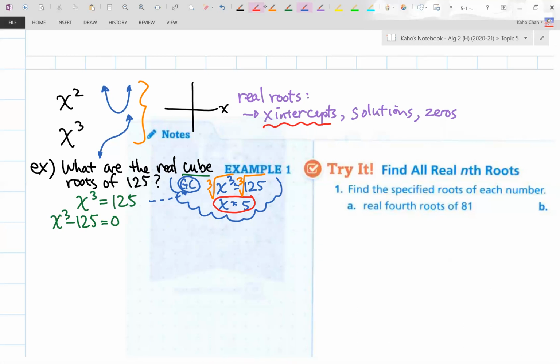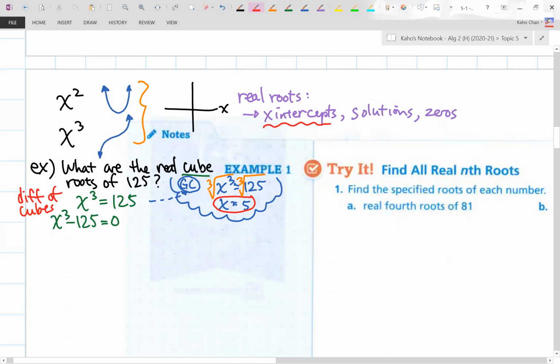You guys recognize it? We have a cube and 125 is 5 cubed? Oh, those are perfect cubes, ladies and gentlemen. This is a difference of perfect cubes.